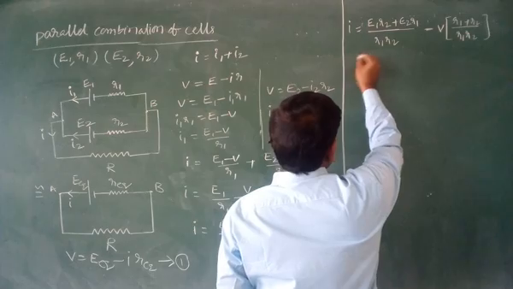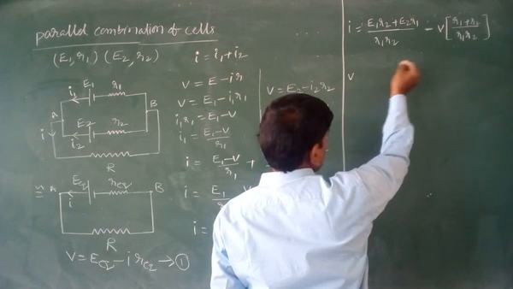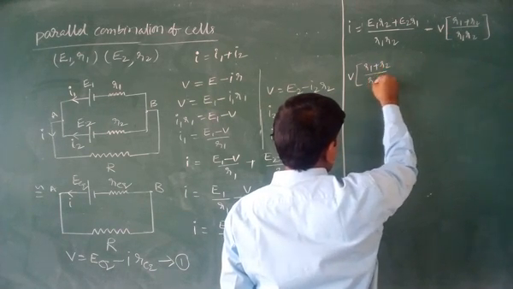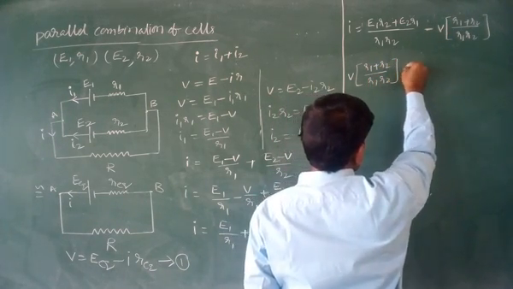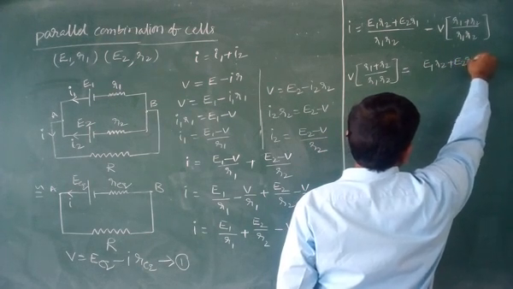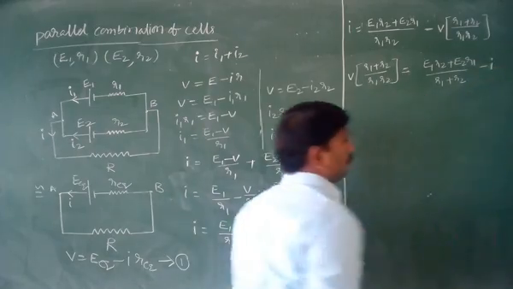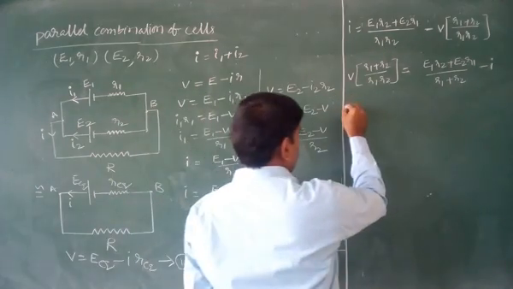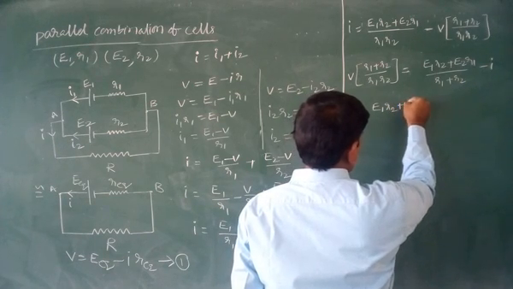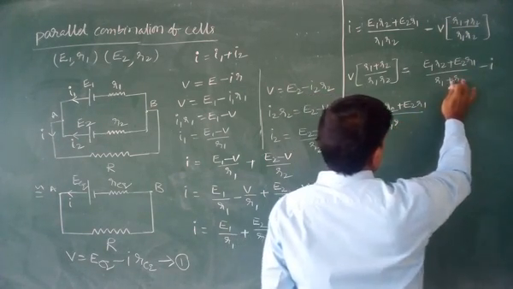From here we want to find out V is equal to how much. That's why we make V the subject. V into (R1 plus R2) whole by R1 R2 is equal to (E1 R2 plus E2 R1) by (R1 plus R2) minus I. So from here, V is equal to (E1 R2 plus E2 R1) by R1 R2, sorry.